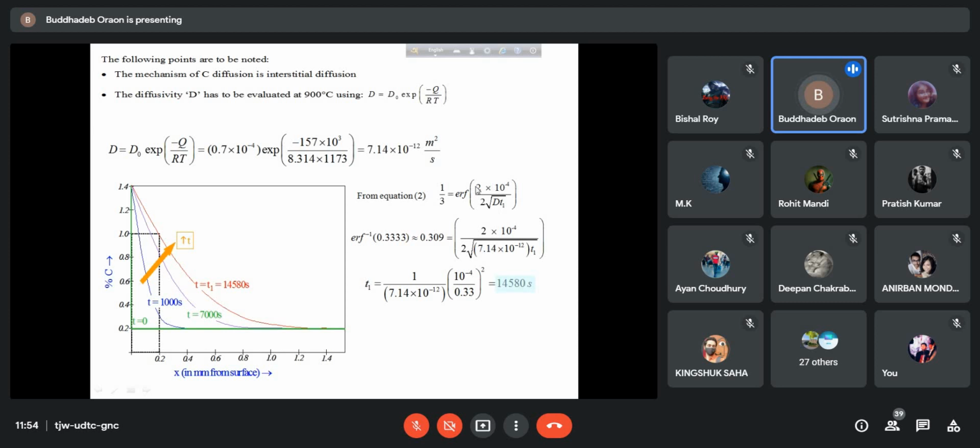You have got a table with 2 columns. One is the variable, and another one is the value of the error function with respect to that particular variable. So from that table, you can find out the value of the variable. So here, the value of the variable comes out to be 0.309.